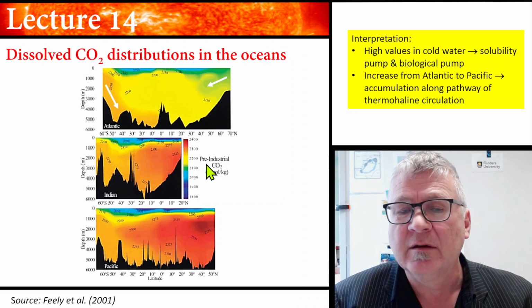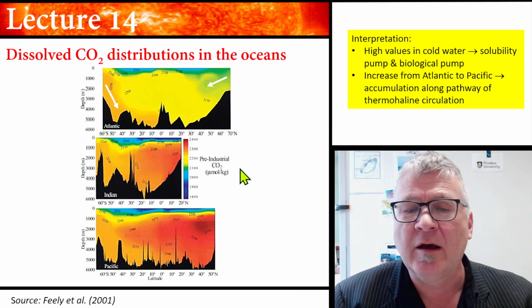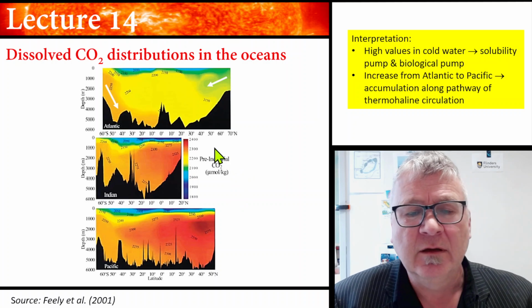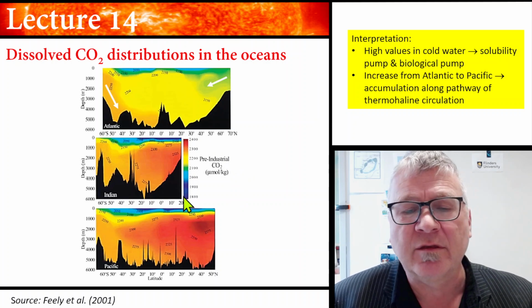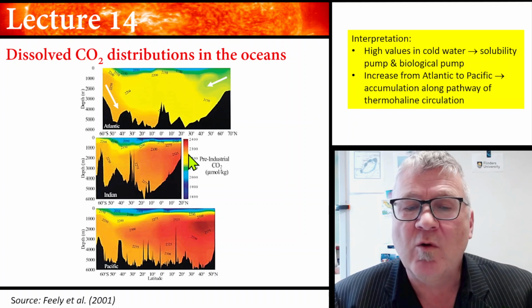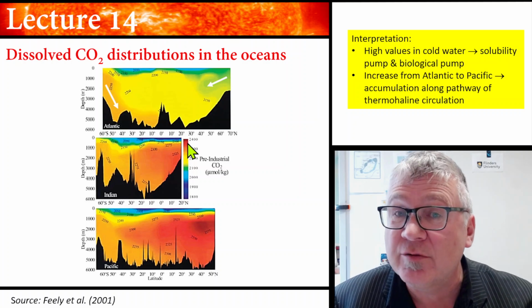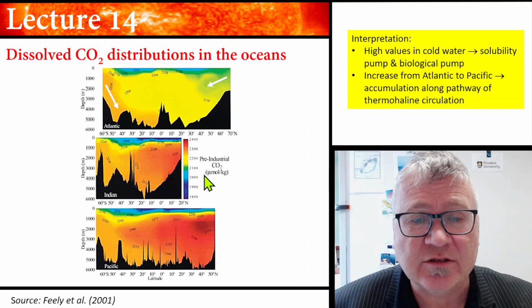This is something, taking away the human-induced CO2 addition. Okay. And you can see that there's something like from blue is low, the number 1,800, and red is above 2,300. So red is high CO2 concentrations, blue is low concentrations.